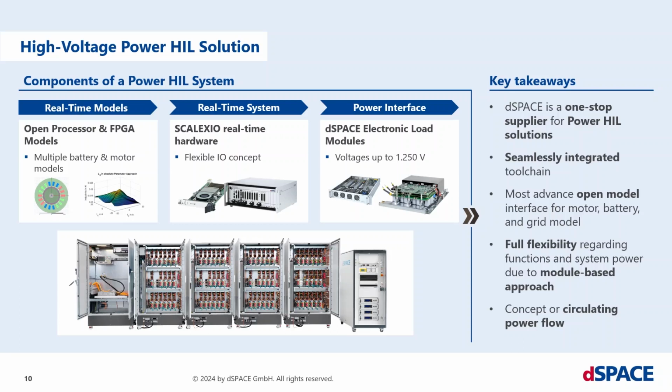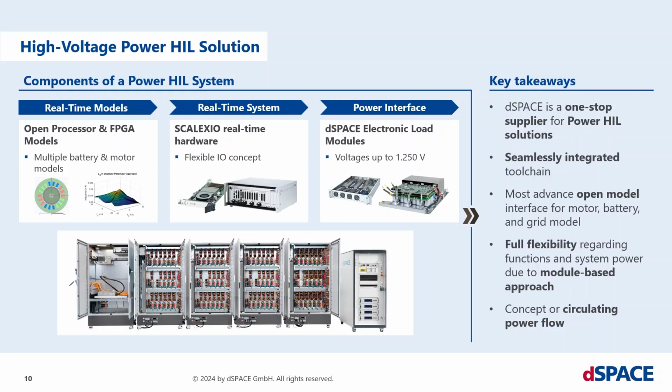When it comes to power level, we have to add the power interface, these so-called electronic load modules. dSPACE offers two types of electronic load modules, a low voltage variant for voltages up to 60 volts and a high voltage variant for output voltages up to 1250 volts.